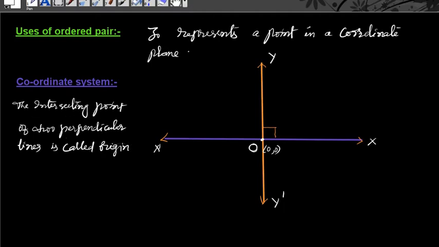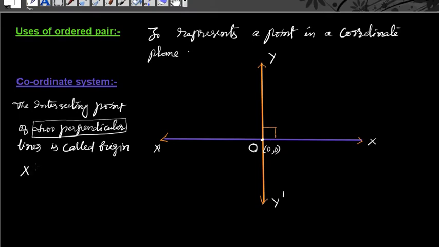These two perpendicular lines can be named the axes. Clearly, that means the intersecting point of the axes is called the origin. So that is the clear definition of the origin. Here the two perpendicular lines can be named axes.